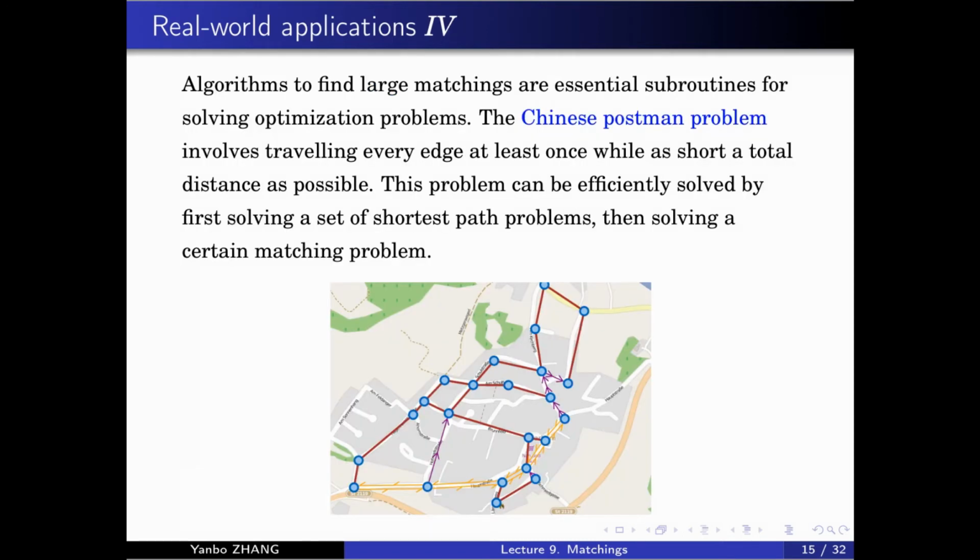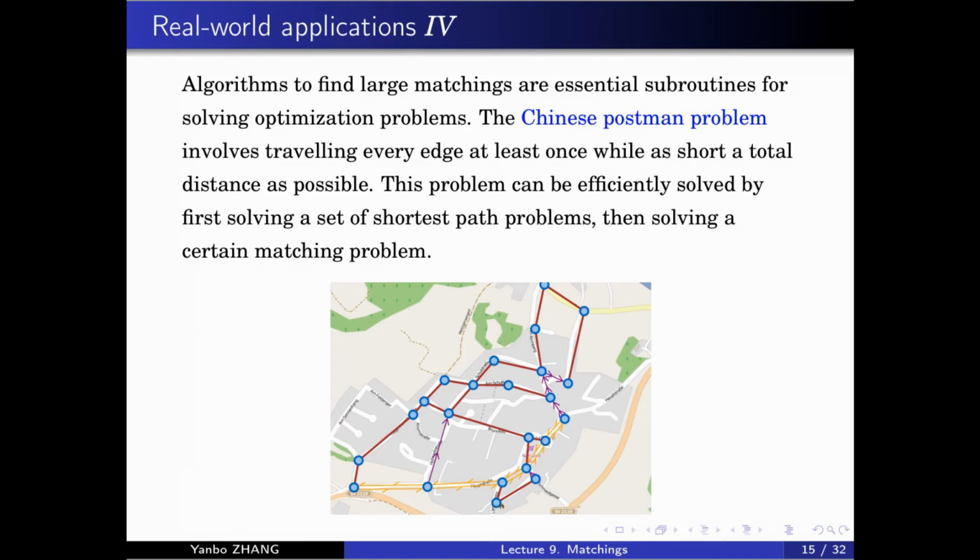The fourth real-world application is the Chinese postman problem. Algorithms to find large matchings are essential subroutines for solving optimization problems. The Chinese postman problem involves traveling every edge at least once, with as short a total distance as possible.